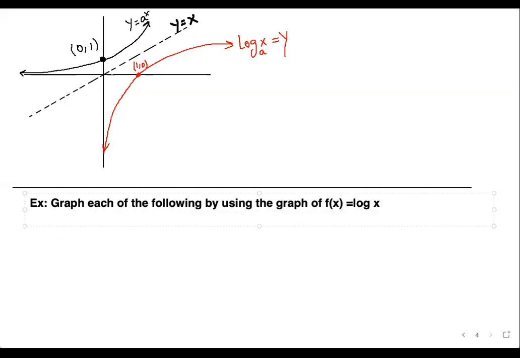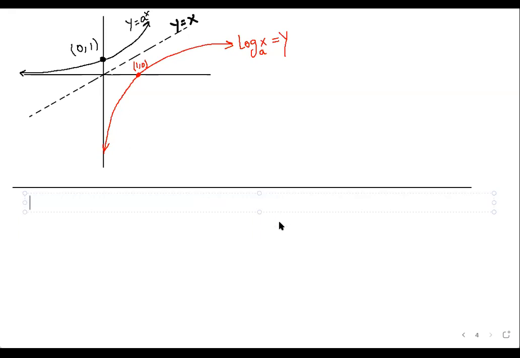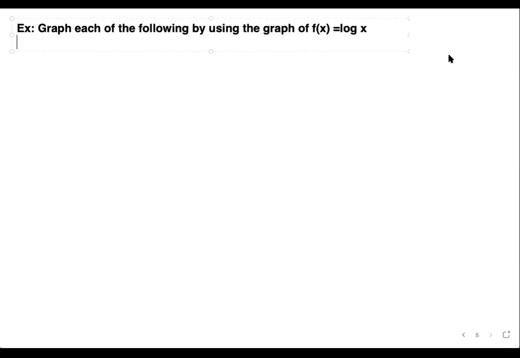So I give you the original function here. I'm going to do this example here, so I have some space. f of x equal logarithm x to the base 2. This is my original function.